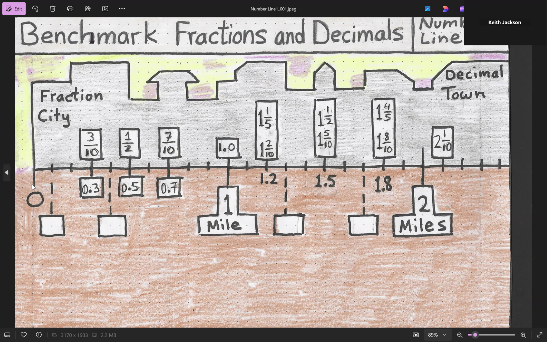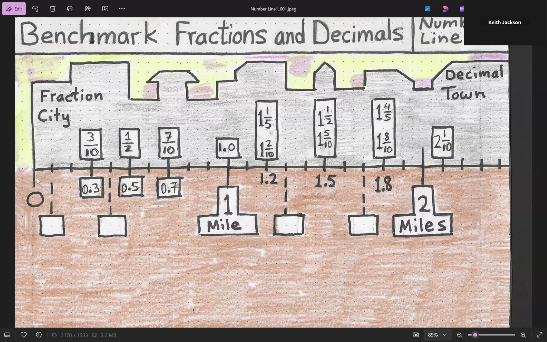And as we see this number line going from the east side of town to the west side of town, we will gain a deeper understanding of benchmark fractions and benchmark decimals. And so here we go. Now we look at this right here, we can eyeball it and see that it's designated into tenths because I see a 3/10 here, a 5/10 here, or 1/2 of a mile, 7/10 of a mile here, along with its decimal equivalent.